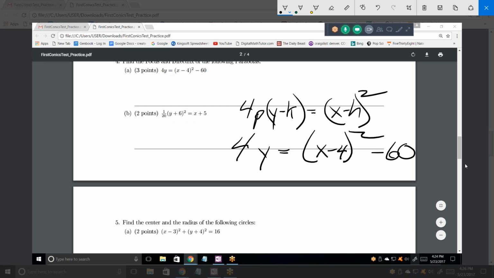Well, if I bring that 60 over to the other side, I get 4y plus 60 equals x minus 4 squared, and if I factor a 4 out, I'm left with this.